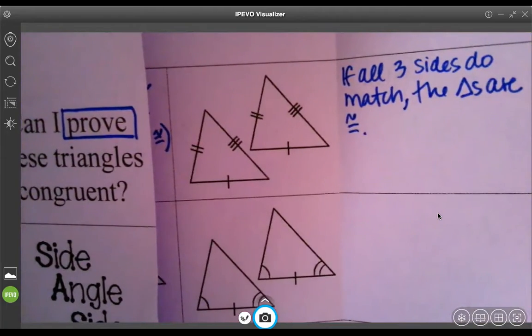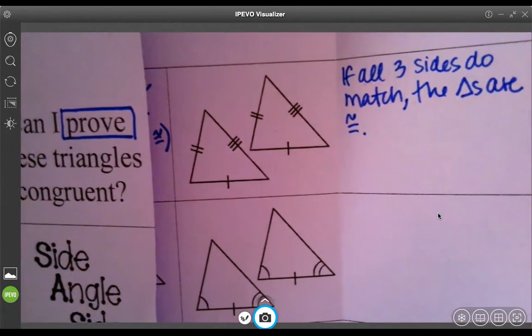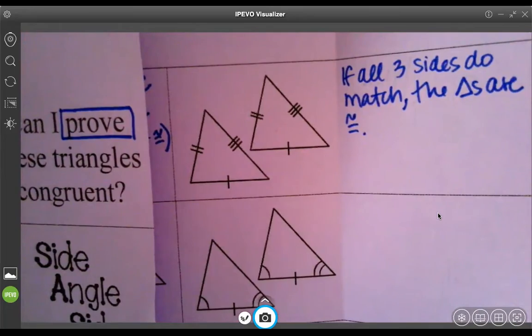Side, side, side. If they don't match, the triangles aren't congruent. And that kind of logic goes for each of the other triangle congruence postulates as well. Just because you have the pattern doesn't mean they are congruent. It means you can prove that they are or that they are not.